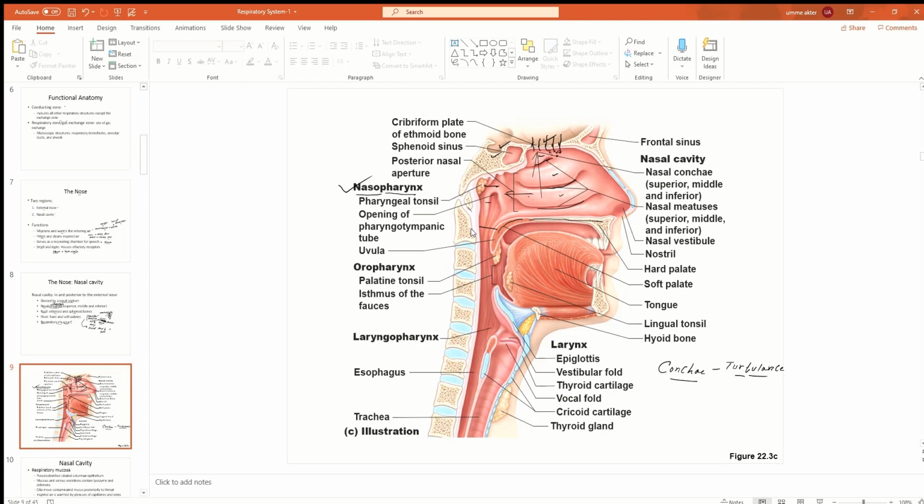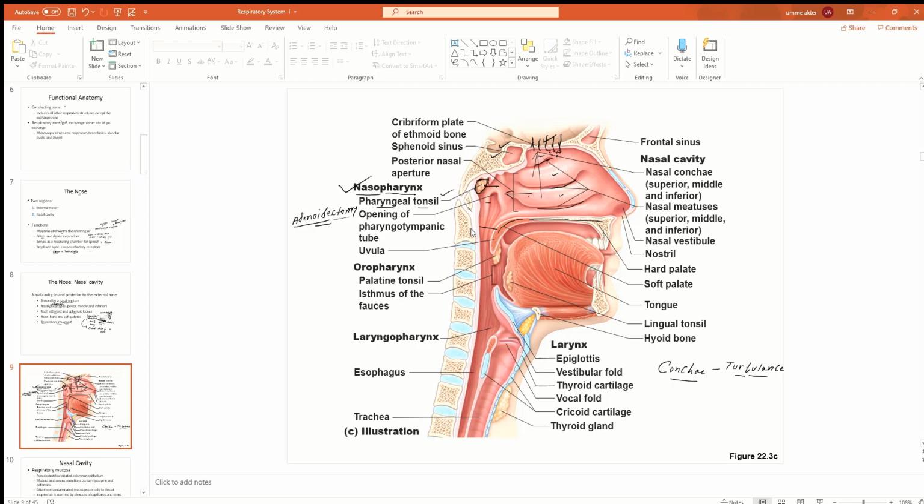In the back or posterior wall of the nasopharynx, you have the pharyngeal tonsil attached, this one, which is also called adenoid. And adenoidectomy, you probably heard. Adenoidectomy is the surgical removal of the pharyngeal tonsil. Why is it called adenoidectomy? Because pharyngeal tonsil is also called adenoid, and ectomy is removal, dissection.